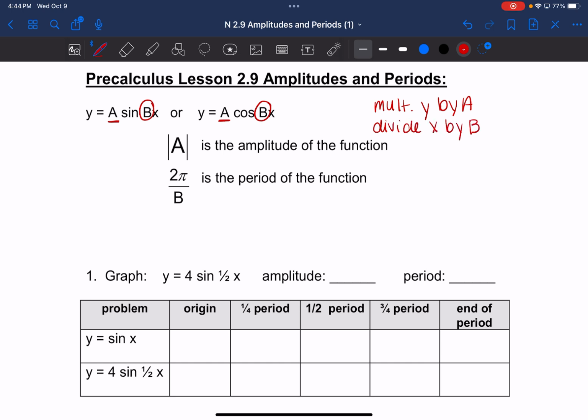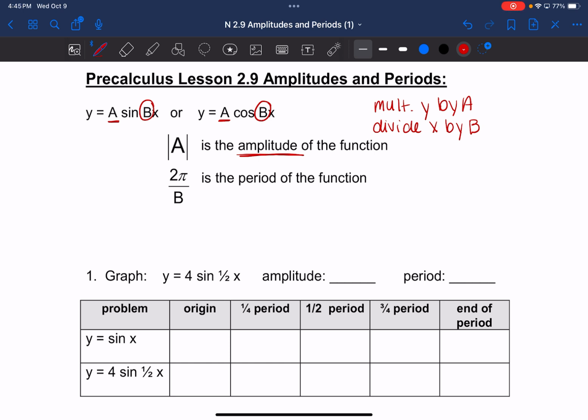The reason we do that is because a is telling us what we call the amplitude of our function. The amplitude is your maximum and minimum's distance from your x-axis. So typically, our maximum and minimum are 1.